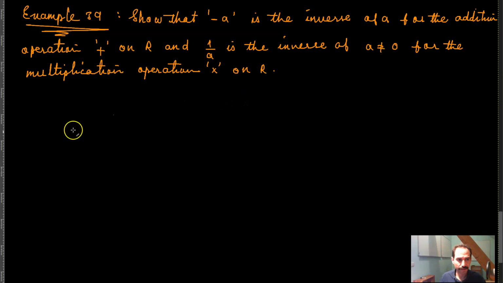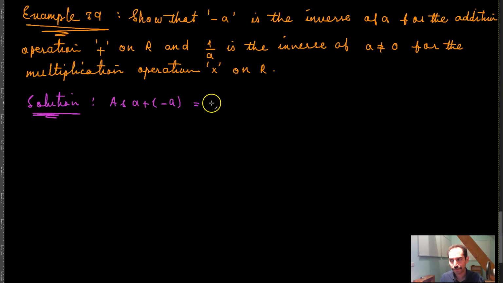Now, for the solution we can say that A plus negative A is equal to A minus A is equal to 0, and that is equal to negative A plus A. So negative A is the inverse of A for addition.